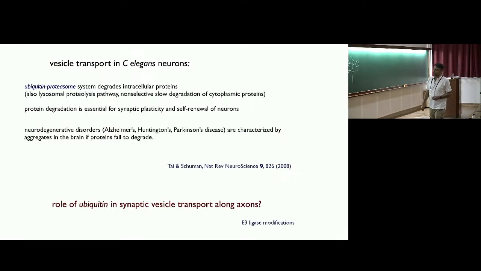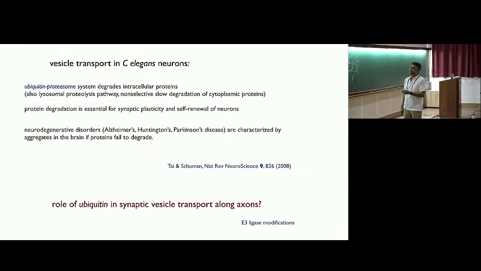Okay, so several kinds of modification one can imagine on top of these molecular motors, and ask how they impact. One specific type that Sandha's group is interested in is the ubiquitin pathway. The ubiquitin proteasome pathway is a system that degrades intracellular proteins.